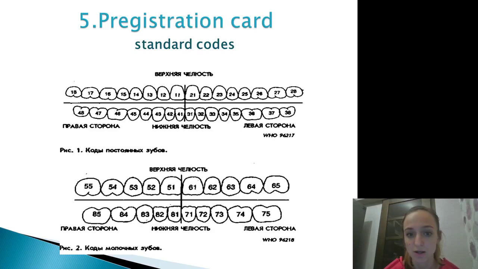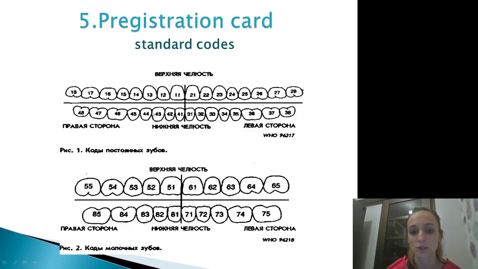Here you can see first the formula for permanent teeth, and second for temporary teeth. You can see some sextants: first, second, third, and fourth. And the same in this teeth formula: 1, 5, 6, 7, 8.